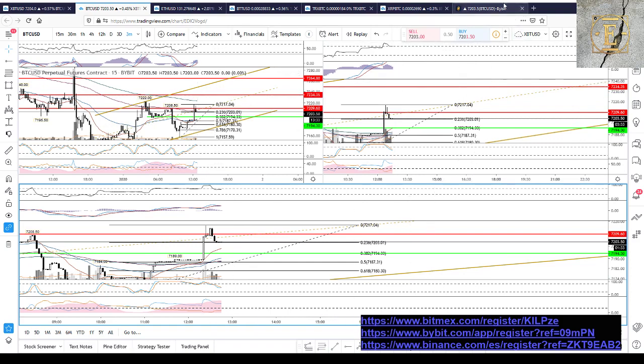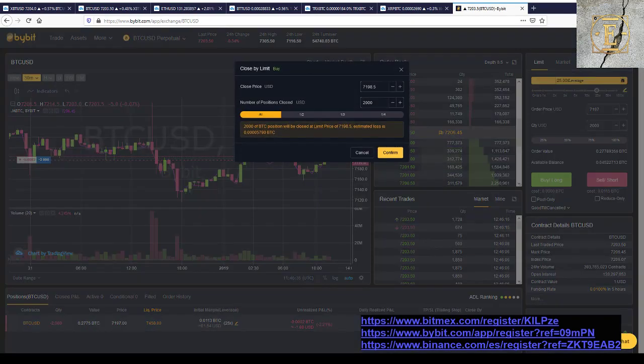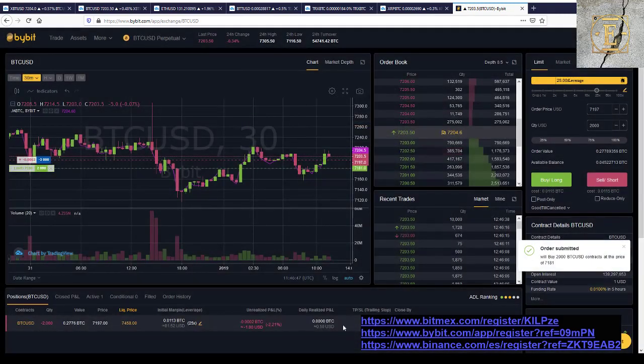Okay, just in case this drops, let's put the cross by limit, hold position, 8-1. I like this of BYBIT. It's better than on BitMEX.